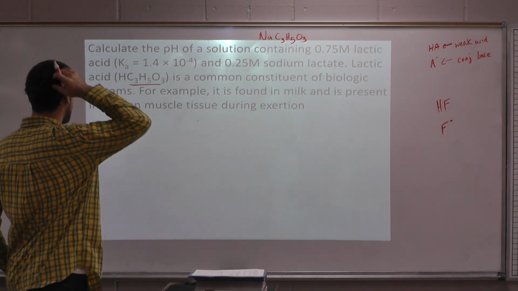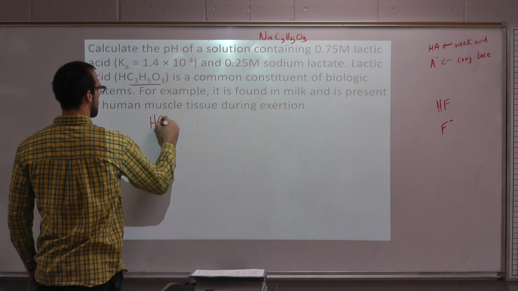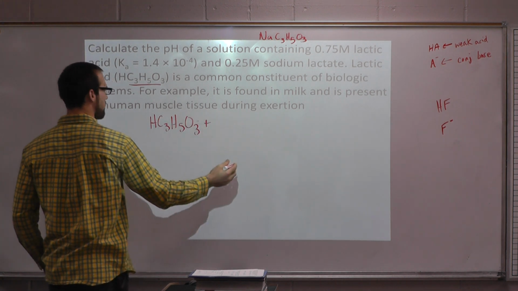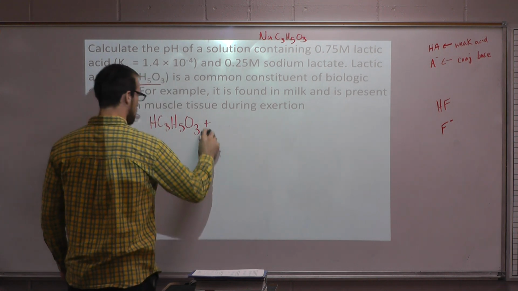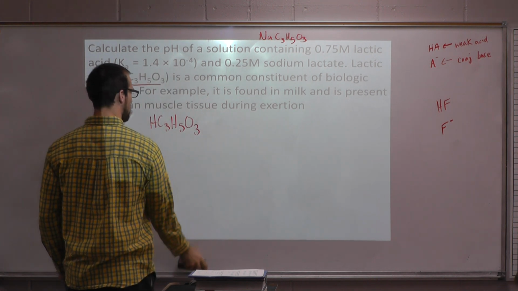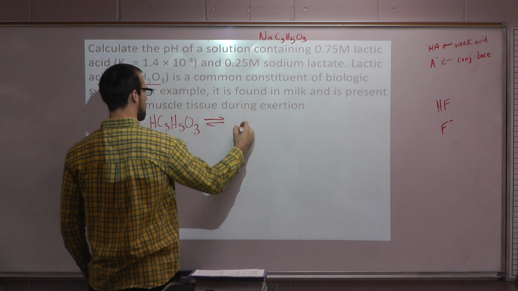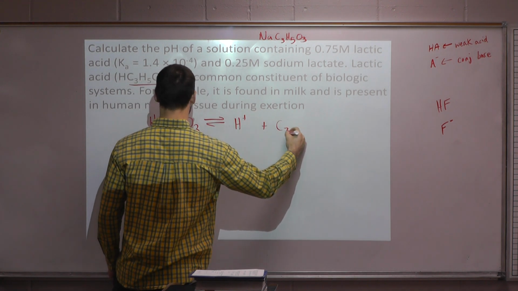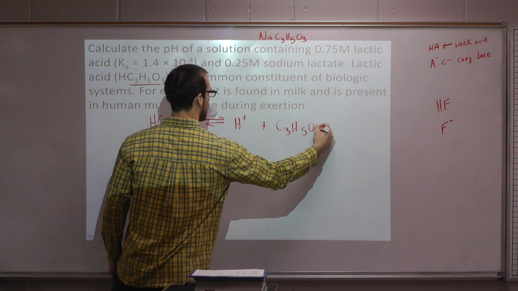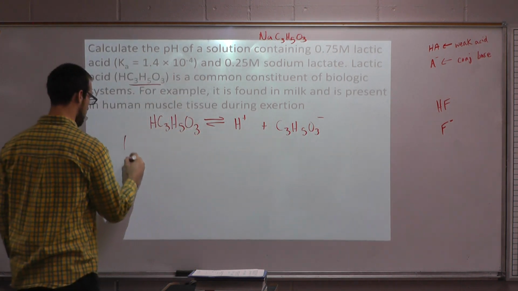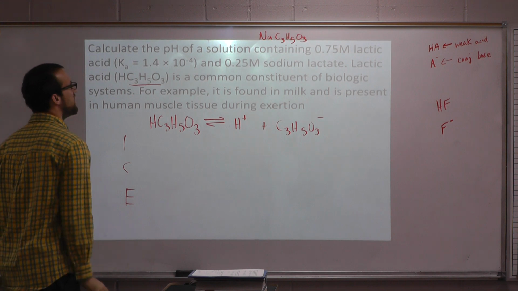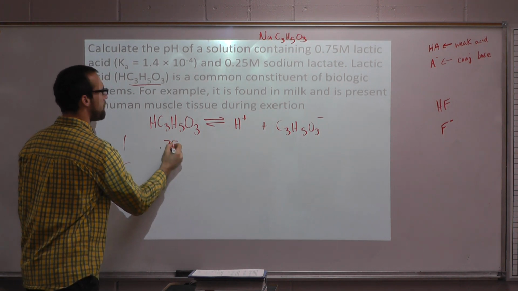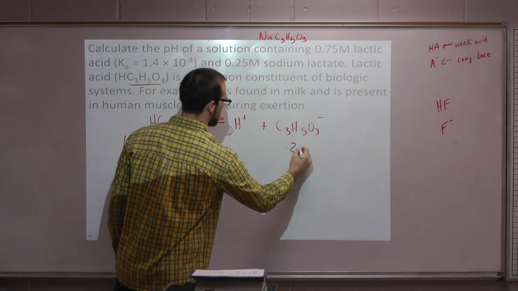We can do it the long way. Okay, initial concentration of my acid, 0.75. Initial concentration of my base, 0.25.